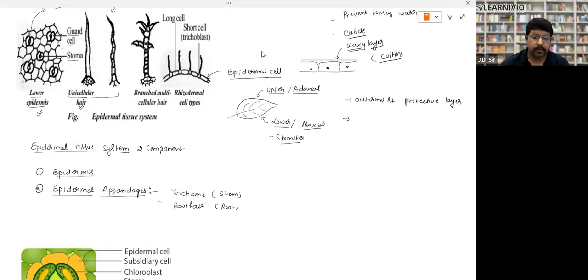Full stop. It is usually single layered. That is important. It is usually single layered, but sometimes it can be multi-layered.